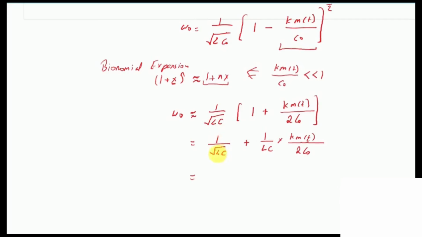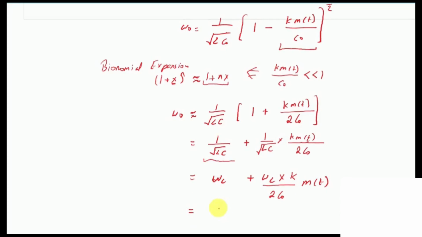That is 1 over the square root of LC plus 1 over the square root of LC times K m(t) by 2C naught, right? So this is our free running frequency, or omega C, plus this again is omega C, which is multiplied by K, and then it is divided by 2C naught, and this whole is multiplied by the message signal m(t).